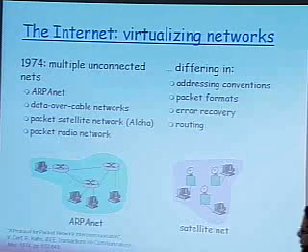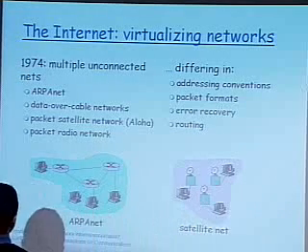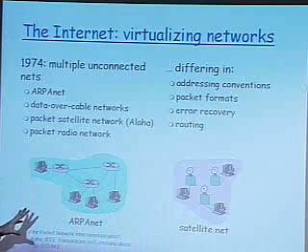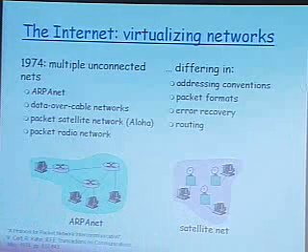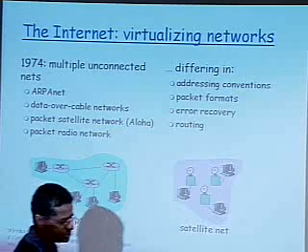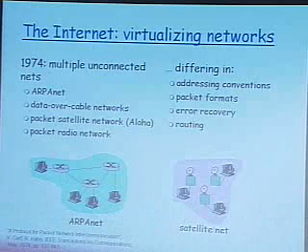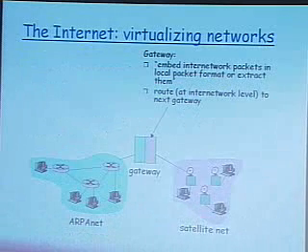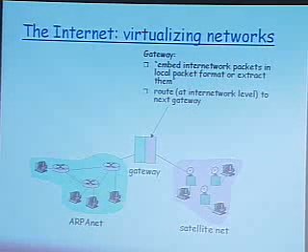So earlier you have many different kinds of networks, and what the internet provided was a way to virtualize these networks and interconnect all of them. So what it provided was a layer, and we have seen aspects of it earlier.